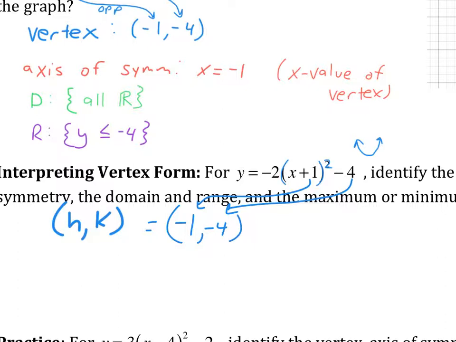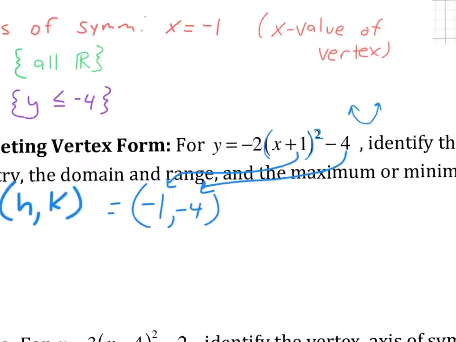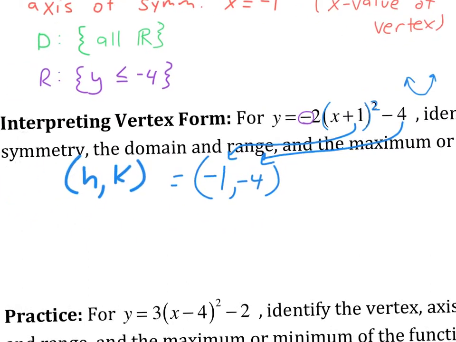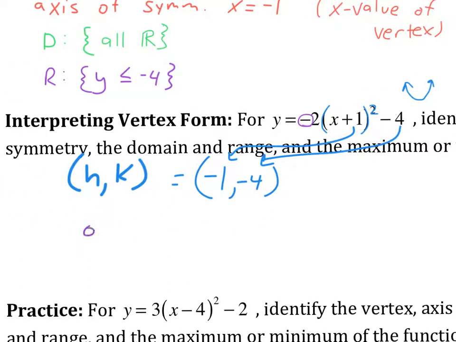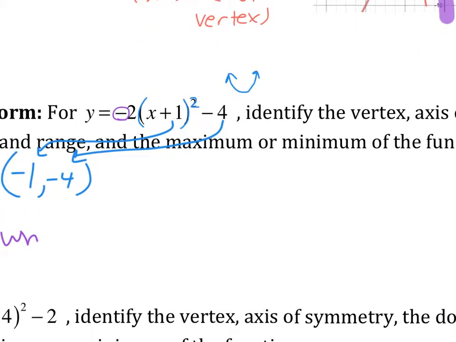Now, based on the negative in the very front here, that tells me that it opens downward. Because it opens down, we know that my vertex is going to be a maximum.